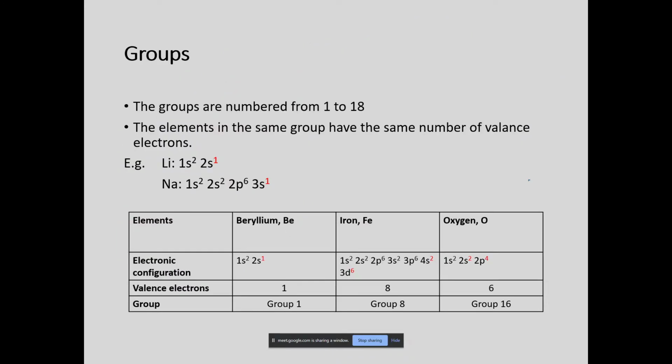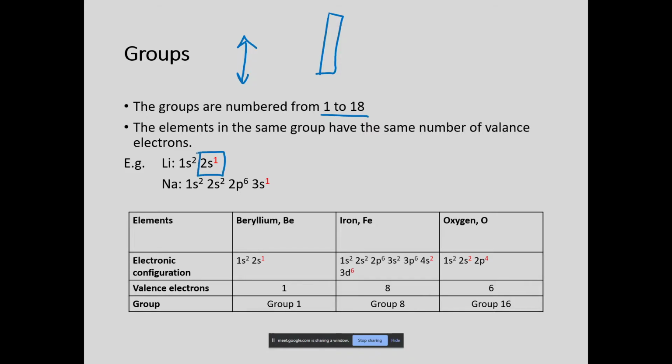So, the first one, kita akan belajar pasal groups. Groups tadi saya dah bagi tahu is anything yang daripada atas ke bawah kan. So, maksudnya dalam sebaris ke bawah. Okay, groups are numbered from 1 to 18. So we have 18 groups. And the elements that have the same group has the same number of valence electron.